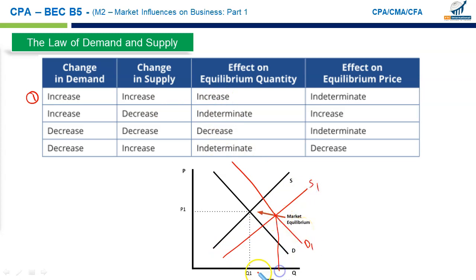What we can see is that the quantity demanded and supplied has moved to a new equilibrium quantity, Q2, this one. For sure, this is the new equilibrium quantity, and it definitely is higher than the previous one, but we are not sure whether the new equilibrium price is higher or lower, because it depends upon the relative increase in demand and supply. So we can't be sure about the equilibrium price.